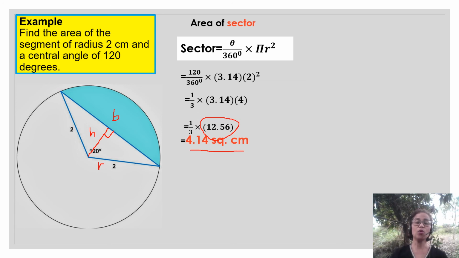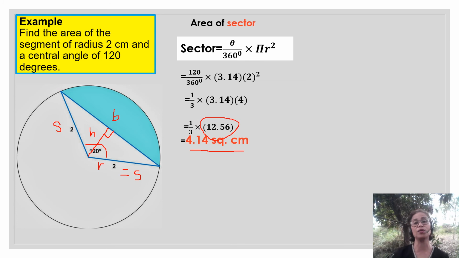Now, moving on, what formula are we going to use in solving the area of this obtuse triangle? Since what is given is a side, which is represented by the radius, and another side, and an included angle, we are going to use the formula for finding the area given a side, angle, side.